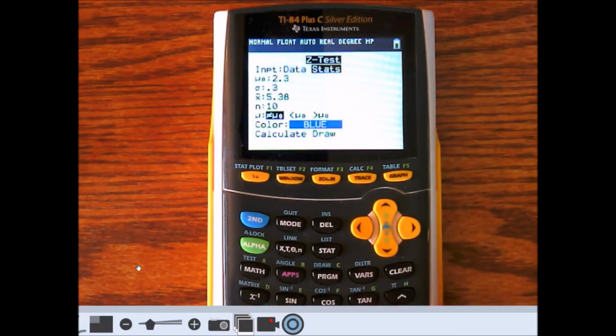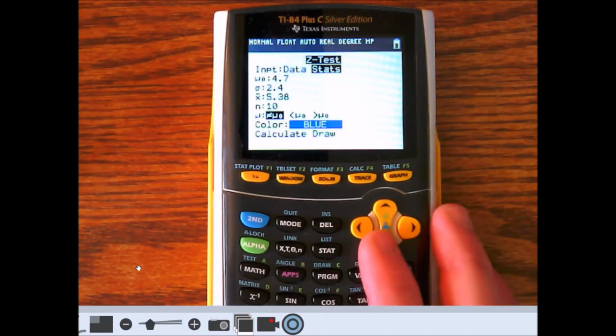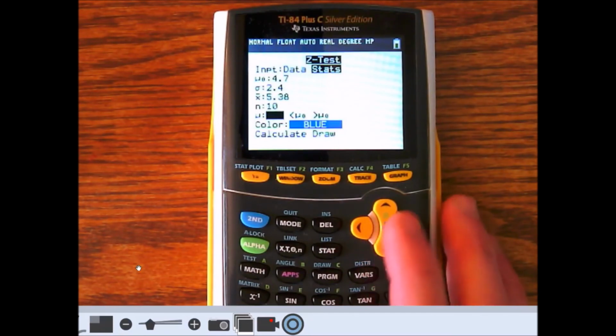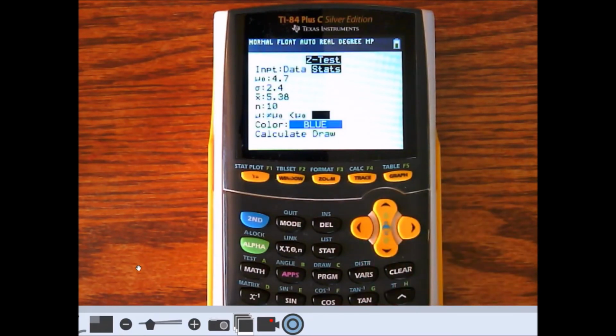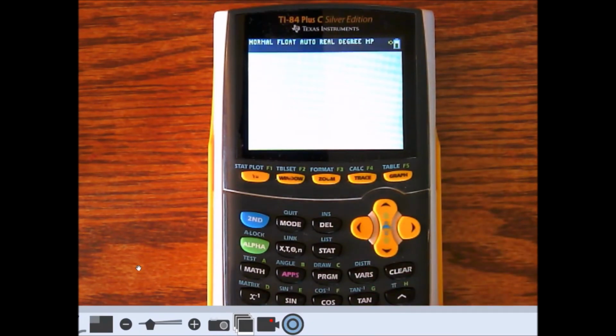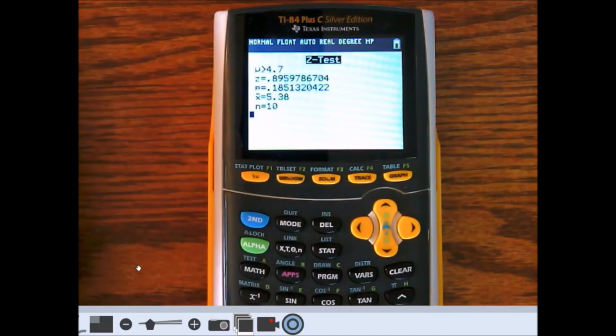Our population mean is 4.7. Our standard deviation is 2.4. Our X-bar was 5.38. There were 10 of those, and we are testing, is it greater than what they're saying? So we're going to go down to calculate. Now I'm going to mainly just look at the p-value. It's 0.19.